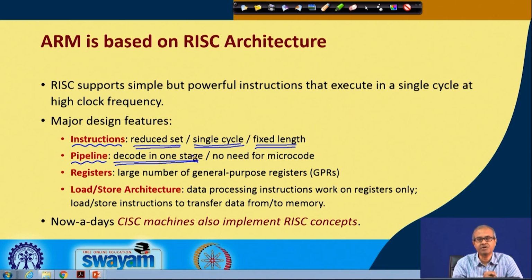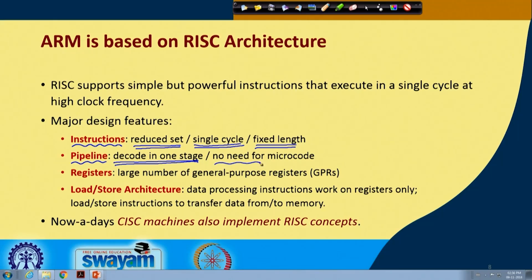You can decode in one stage itself. You do not have to look at the instruction again and try to find out what this instruction was. So, there is no need for microprogramming, which is a standard norm for complex instruction set computers. You can directly implement the control unit in hardware. If you do it in hardware, it also becomes much faster. You can run it at a higher clock.